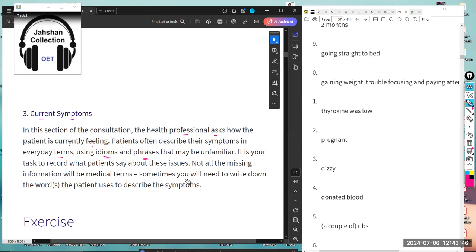I have to have enough vocab, enough information, especially in the medical workplace, to be able to understand the words the patient is speaking. This is extremely important. Sometimes the patient is going to use terms, idioms, phrases that may be unfamiliar, so you have to be careful about them.